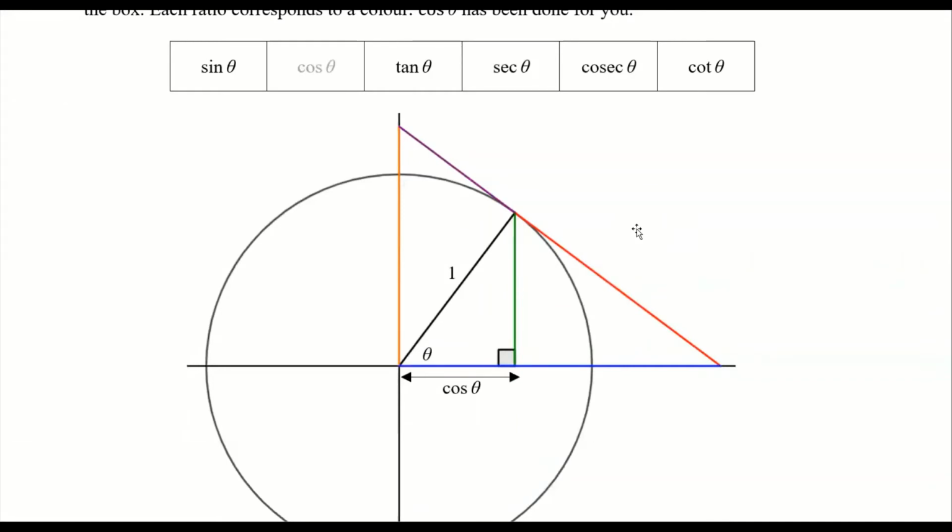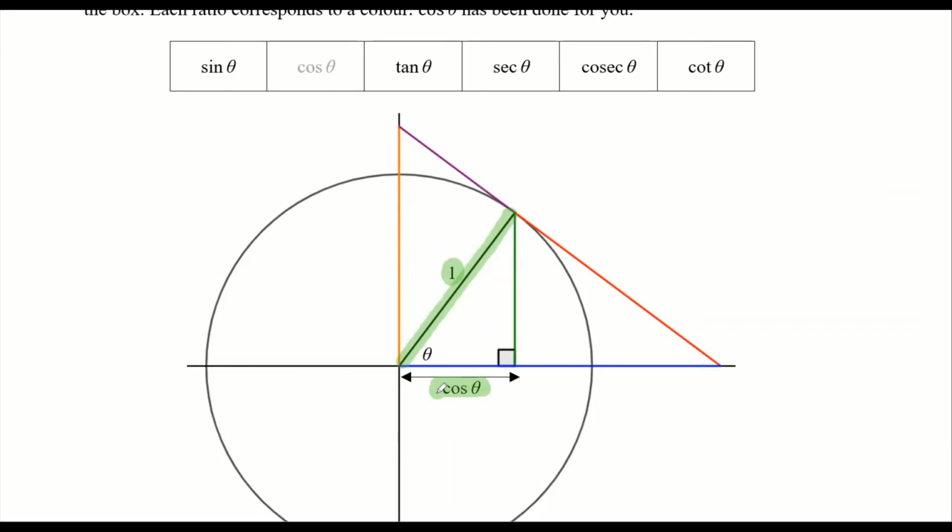Now, I've got you started off with this. You can see that you've got the hypotenuse here of 1 on this triangle. Okay, and I've also given you the cos theta, so that should be familiar to you from what you've seen previously.